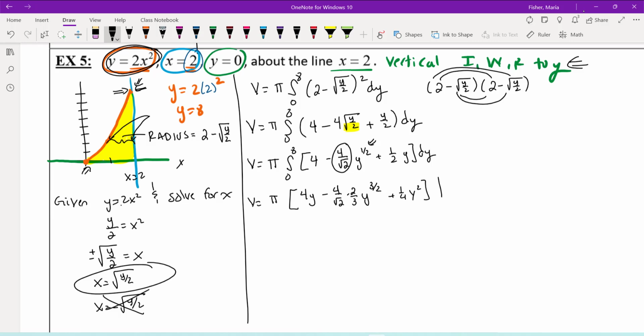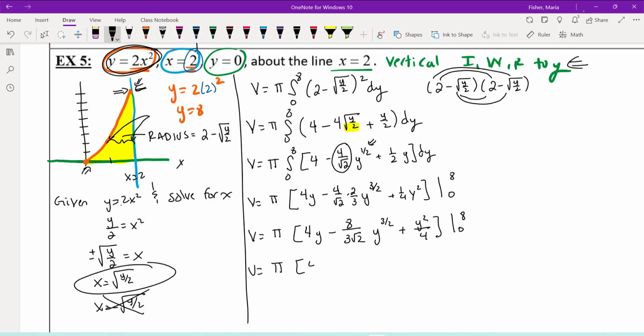And this gets evaluated from 0 to 8. Cleaning this up before we stick it in the calculator, we have 4y minus 8 over 3 square roots of 2, y to the 3/2, plus, we'll just say y squared over 4 here, evaluated from 0 to 8.